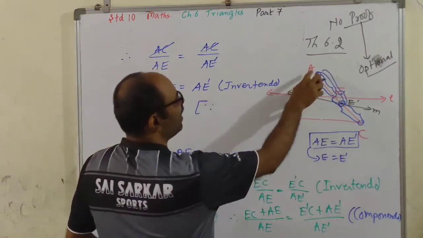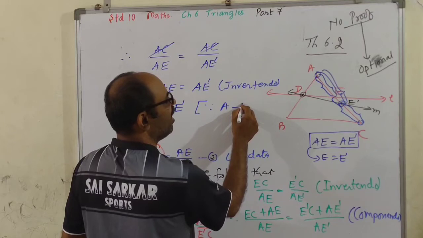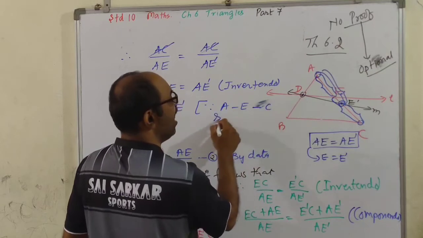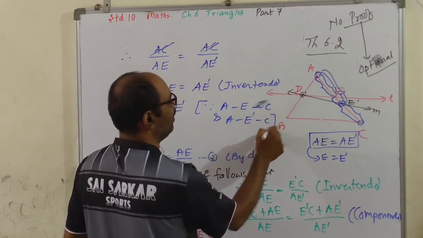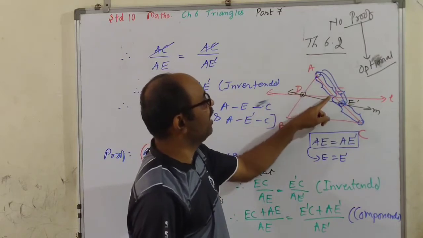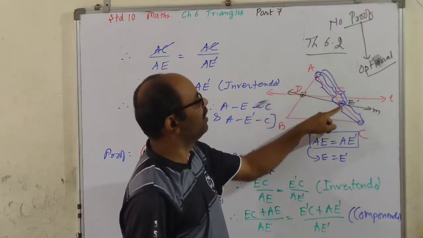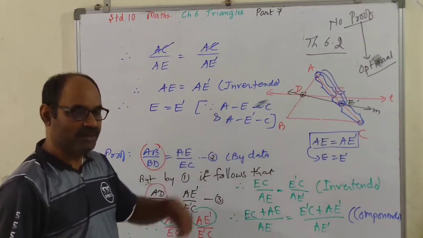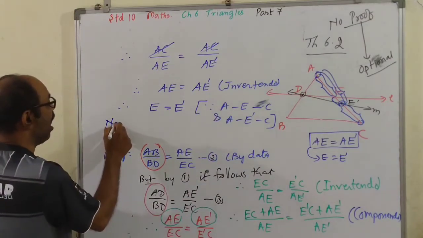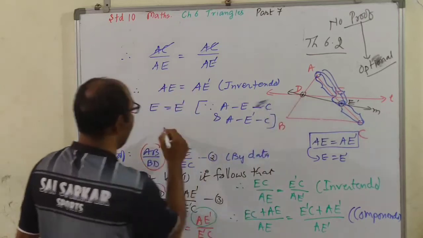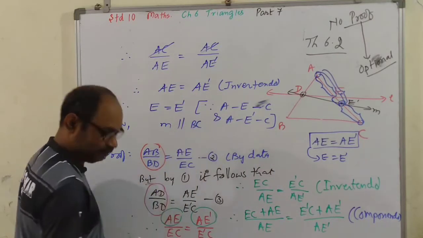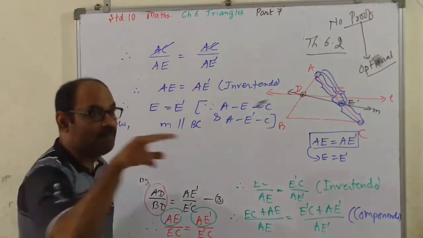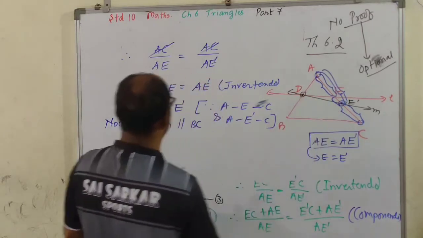I'll write the reason, because A, E, C and A dash, E dash, C. That is the reason. Or if you don't want to write this, it's okay. I have explained to you yesterday. Now, that M is parallel to BC. We have taken that. Write the full name of M: DE dash.